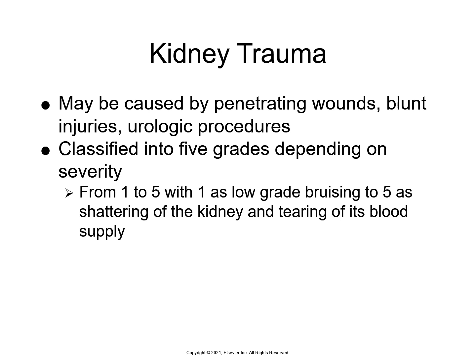And this is classified into 5 grades depending on how severe it is. It's from 1 to 5, with 1 as a low grade, bruising, up to a 5 as shattering, completely obliterating the kidney and tearing the blood supply away from the kidney.